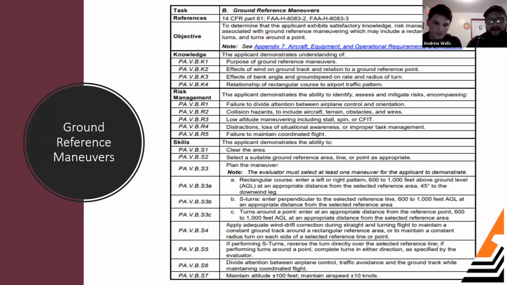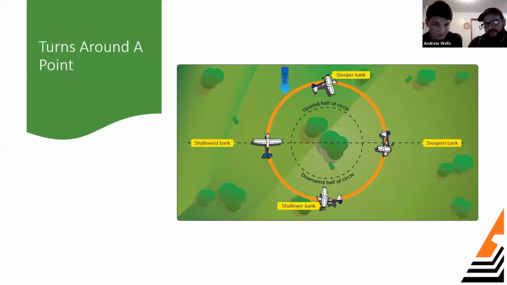All right. So there are three ground reference maneuvers that you could be tested on, but the evaluator must select at least one for you to demonstrate. That could be rectangular course, S turns, or turns around a point. Turns around a point is a big circle.